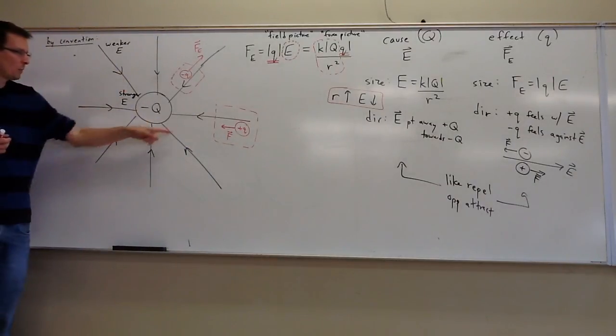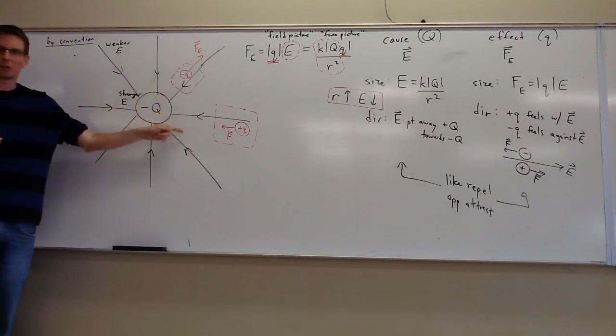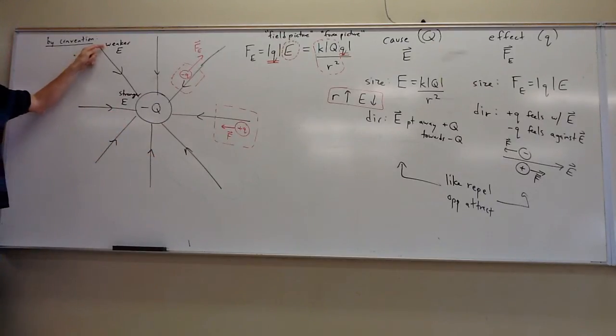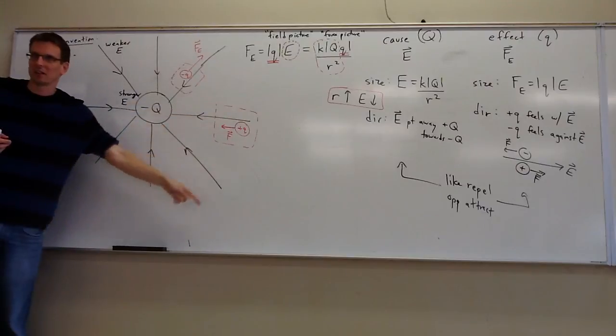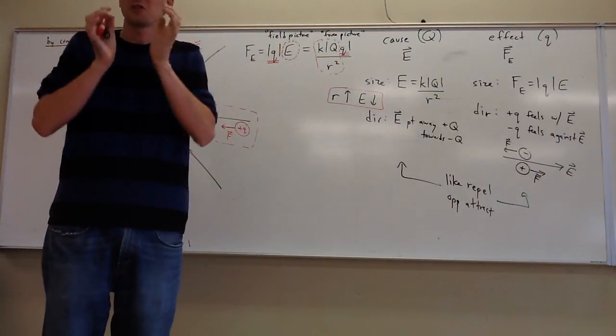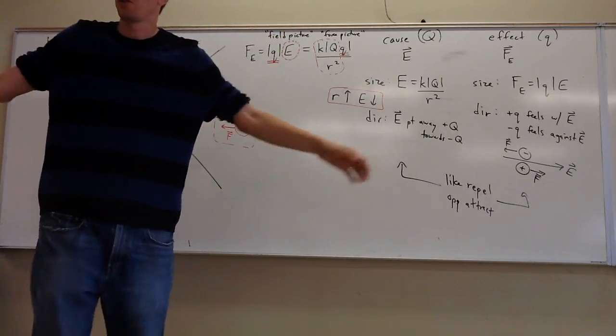Here the field close by is stronger and the lines are closer together. Out here the field is weaker and the lines are further apart. And by the way, that's true for both the positive and the negative charges. Whether the lines are drawn radially outward or radially inward, the lines are closer together near the charge, and further apart as you go far away.